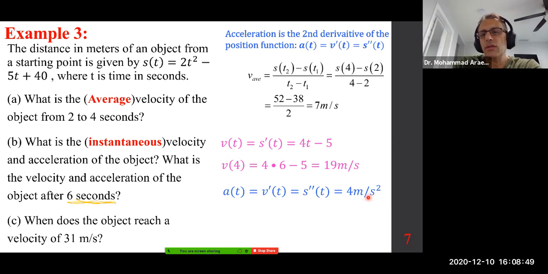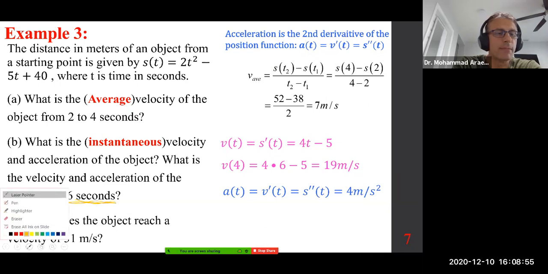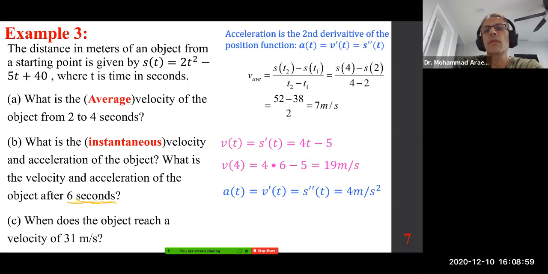And the reason the units are meters per square second is because a of t is dv dt. Just to remind you, as far as the units. A of t is v prime, which means dv dt. And finally, the question is, when does the object reach a velocity of 31?